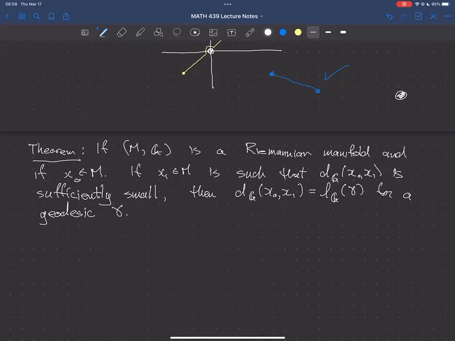So in other words, for points that are close, the distance between them is the length of some geodesic. That's what that statement says.